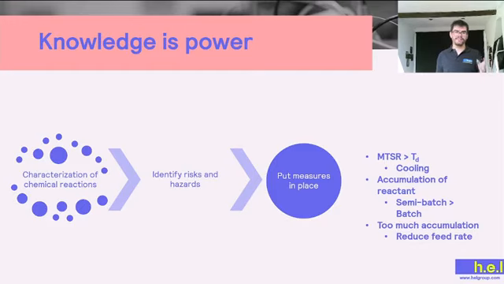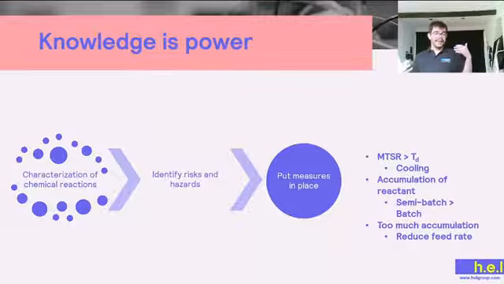So we have characterized our chemical reaction, we have identified the risks and hazards, and now what we can do is put measures in place to avoid those hazards. For example, if we know that the onset temperature for the secondary reaction is lower than the MTSR, then we want to consider cooling down our system so we never reach that temperature and have a thermal runaway.